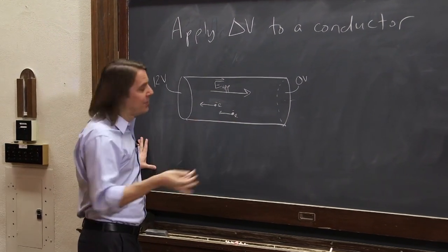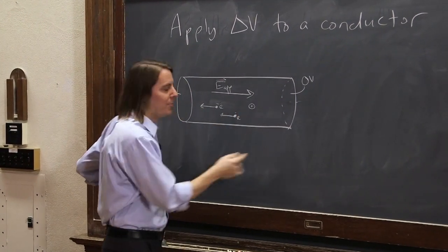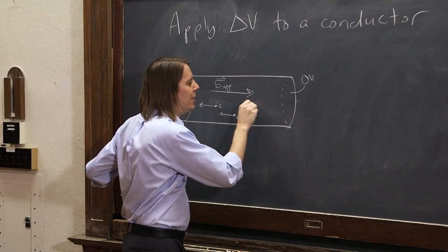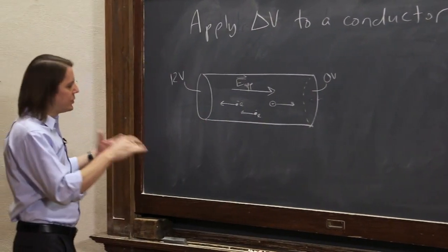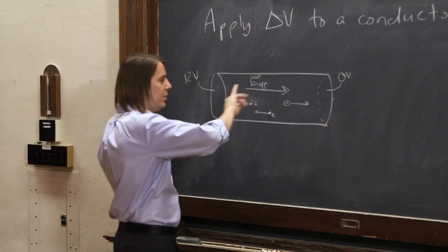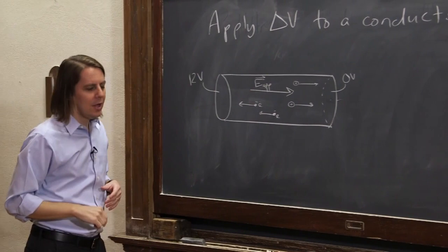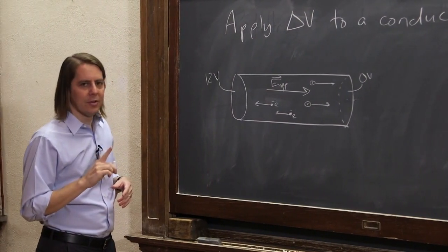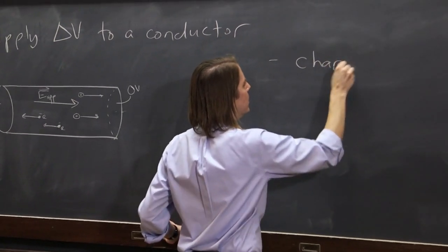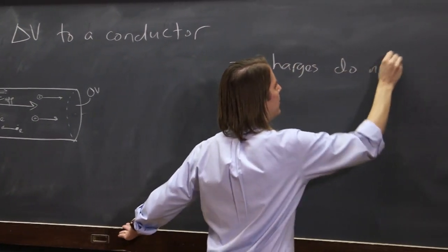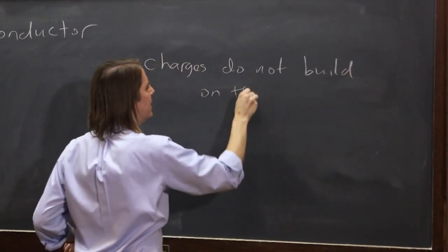And if you want to think about it this way, there's also little missing electrons. Sometimes we call them holes, although in a metal they aren't as important. But since they're positively charged, they feel a force that way. So the charges start to drift. Positive to the right, negative to the left. But then here's the difference: because of the battery, the charges do not build on the ends.